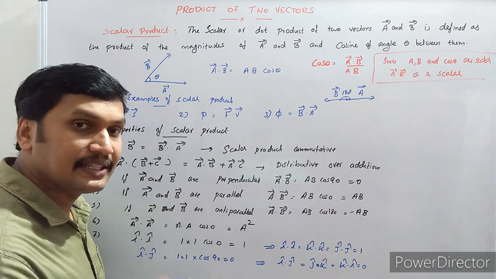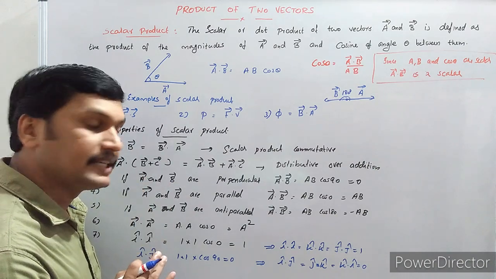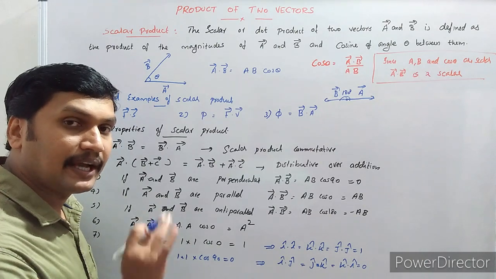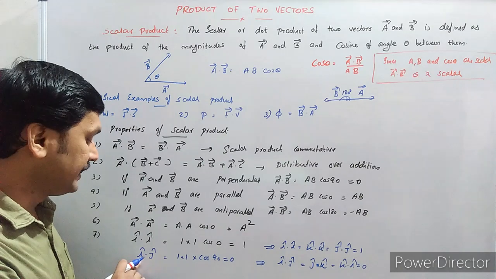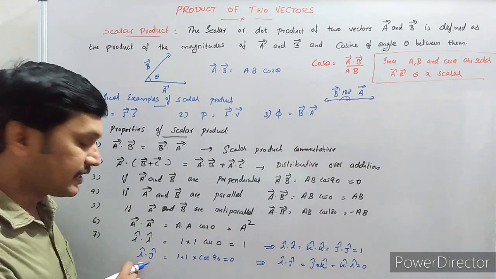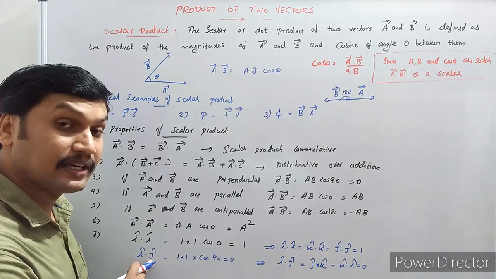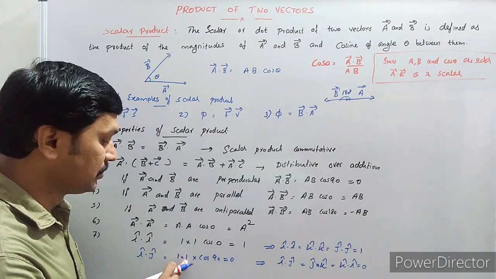What are j and k? J and k are unit vectors along y and z axis respectively. J dot j equal to 1 and k dot k is equal to 1. But if you are taking I dot j, I is a unit vector along x axis and j is a unit vector along y axis. So I dot j is equal to 1 into 1 into cos of the angle between them.